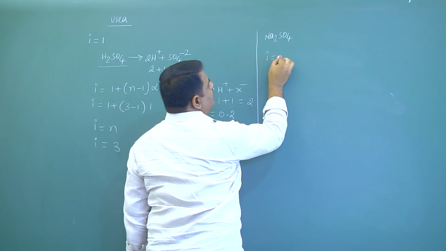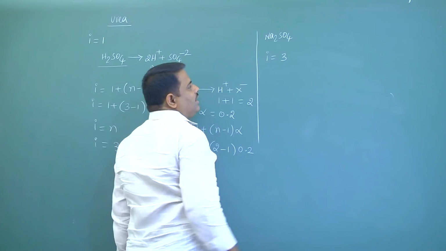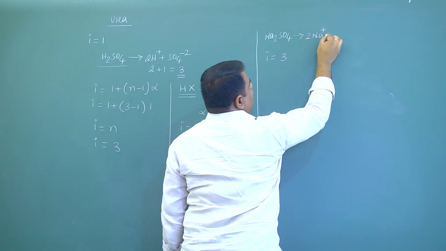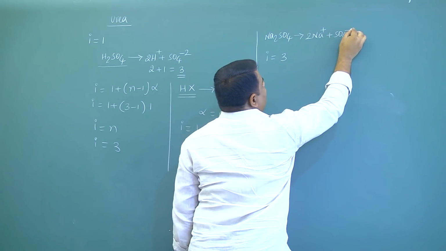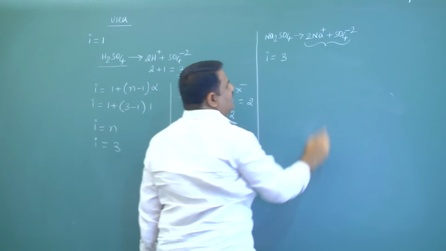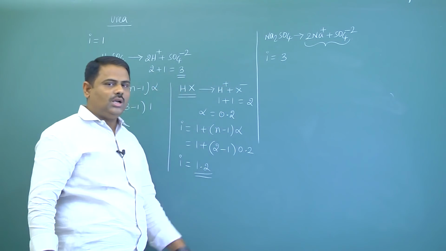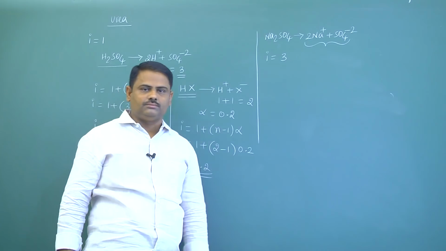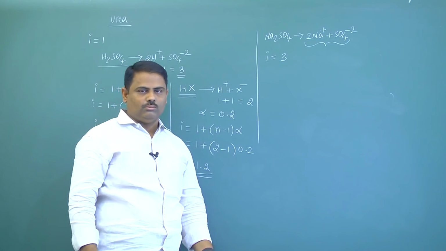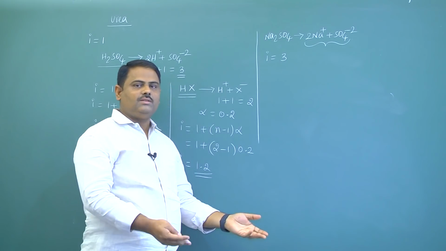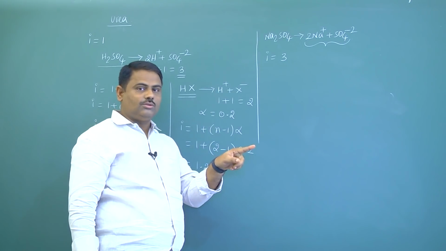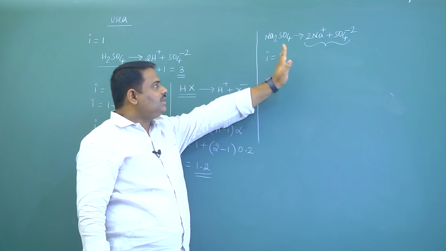I is equal to 3, because during dissociation you will get 2 moles of sodium ions and 1 mole of sulfate ion. So the total number of moles of particles is 3 and I is also 3, because this is a strong electrolyte. How do you know? Because alpha is not given here. If alpha is given as 1 also, proceed in the same manner.